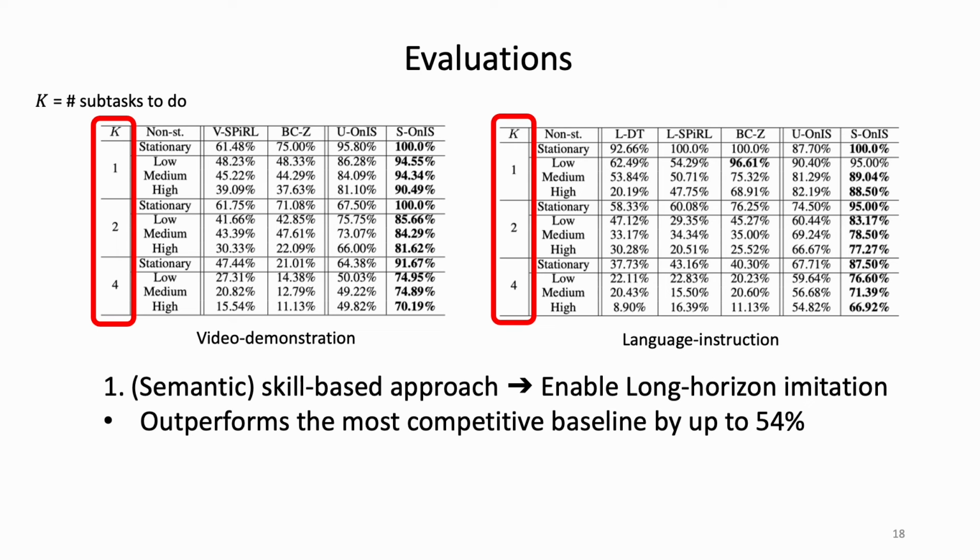In the table, K represents the number of subtasks within the video demonstration that the agent needs to imitate. As observed, our framework outperforms the most competitive baseline by up to 54%. This shows our framework's effectiveness in accurately imitating complex tasks by breaking them down into more manageable individual skills.